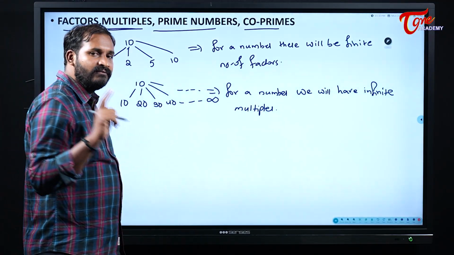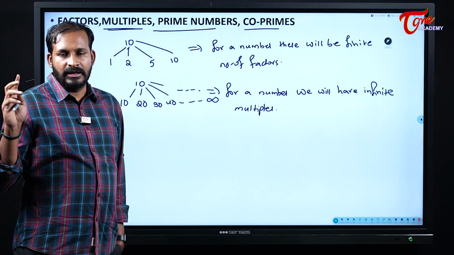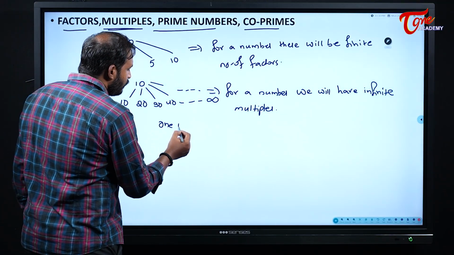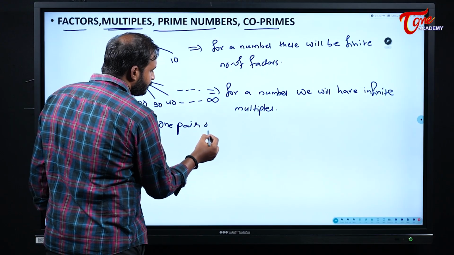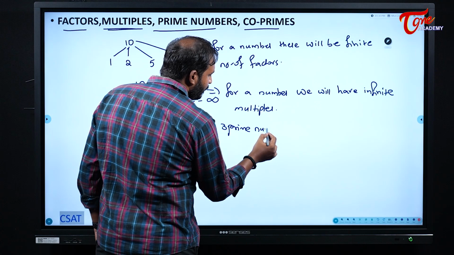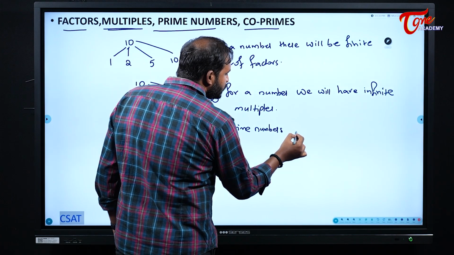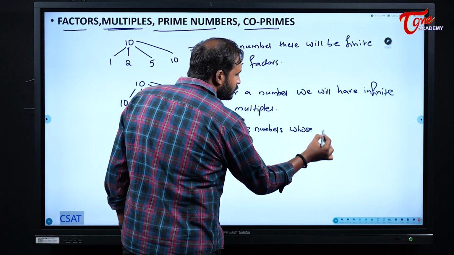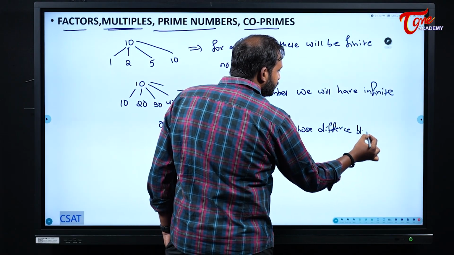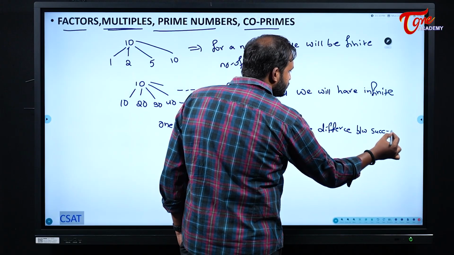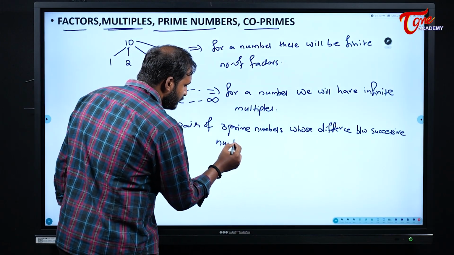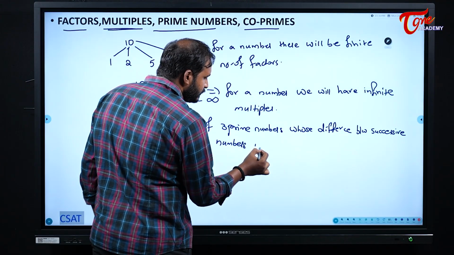And next, there is only one set of three prime numbers whose difference between successive numbers is 2.